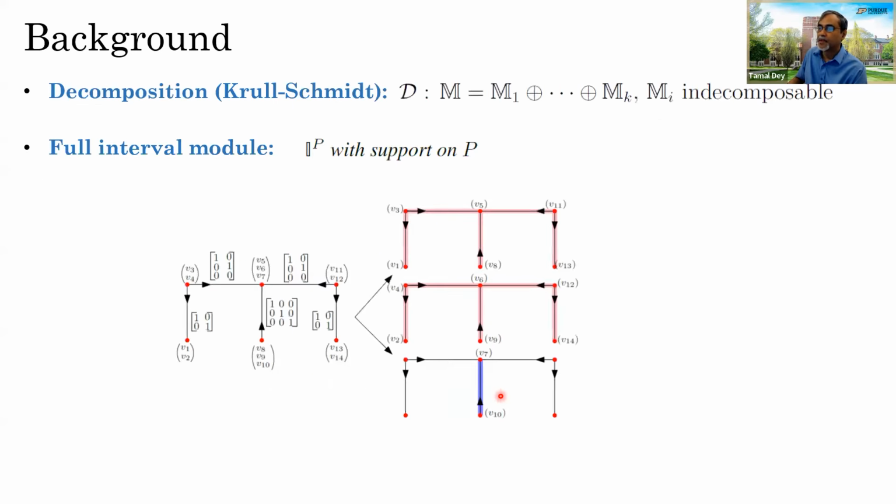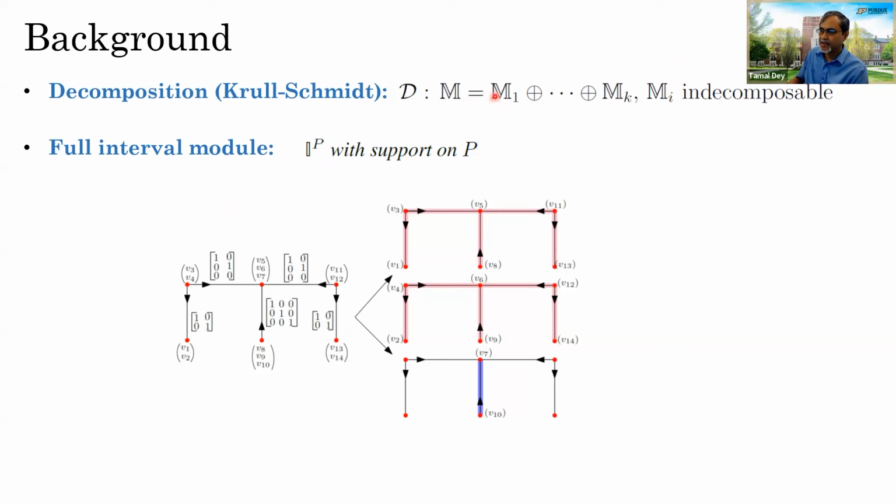Okay. So we all know by this time in TDA that such a persistence module, the way I have defined it, admits a decomposition into indecomposable modules, and such a decomposition is unique up to isomorphism.